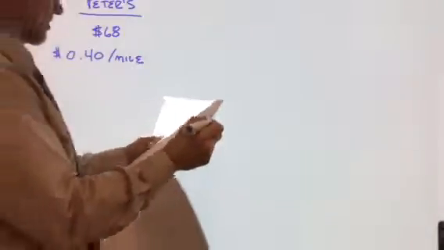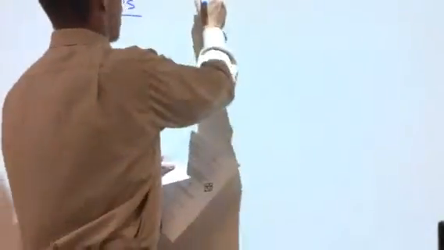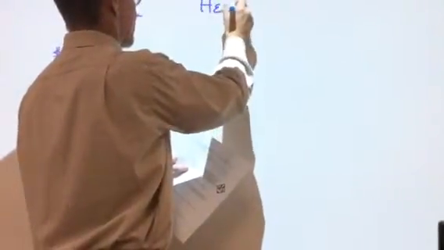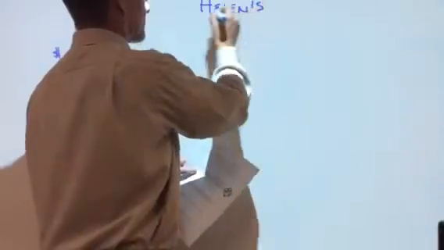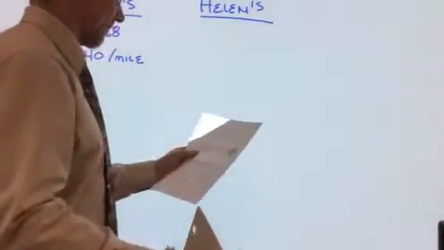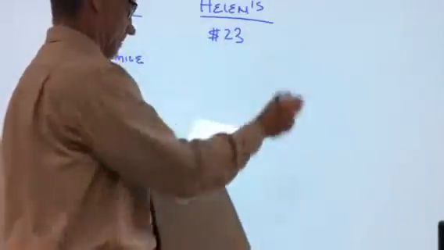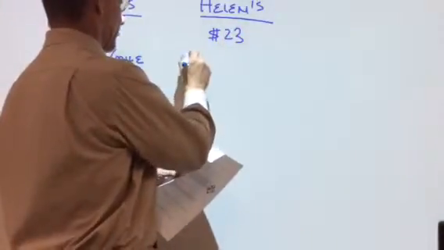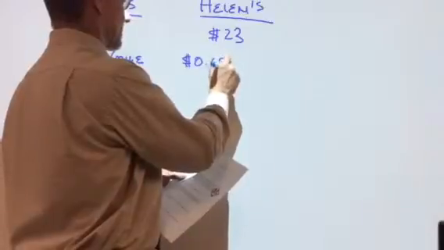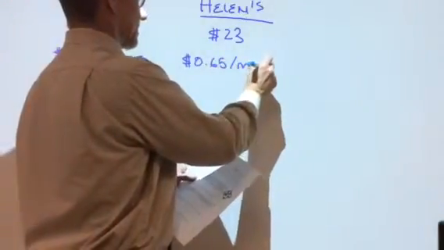That's our rate of change. And we have Helen's Service, which ran a flat rate of $23 to come and pick up the food, and then for every mile after that, they charged 65 cents.